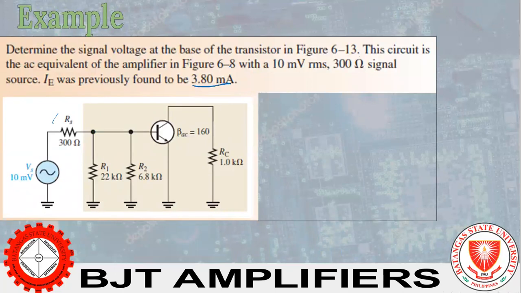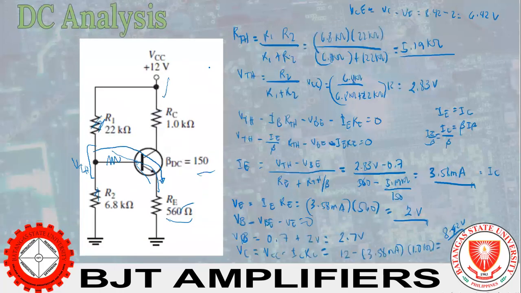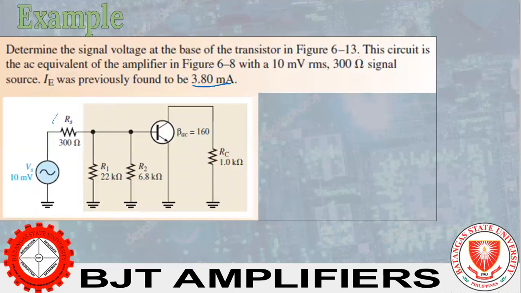So, IE is found to be 3.80. Hindi na ginamit yung kaninang 3.58 milliampere. So, sige. Since ito yung binigay sa ating problem, is 3.80. Okay? So, baka nag-round off lang siya kaya naging 3.80 milliampere. Pero yung sa atin is 3.58. Sige na, 3.80 na, kasi ito yung given natin. Pero try nyo din, baka kung gusto nyo yung 3.58.